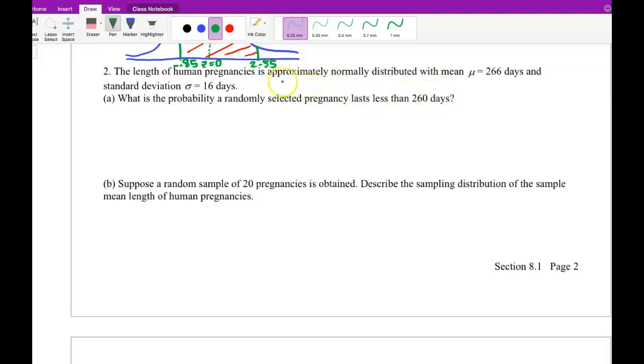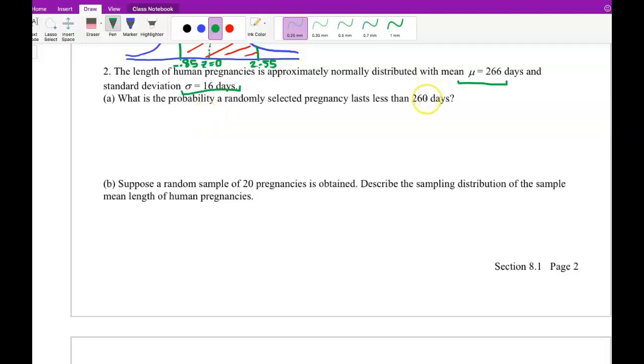Okay, now this part is approximately normally distributed, and mean is 266 days, and standard deviation is 16 days. And we don't have sample size on this part.